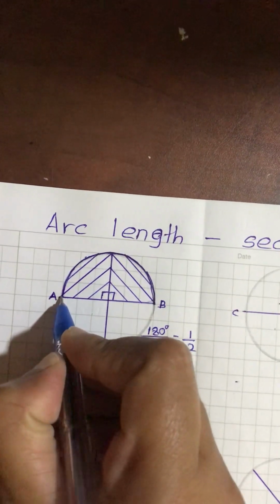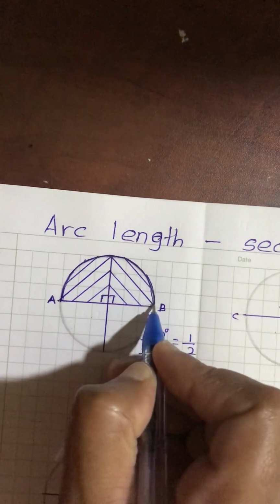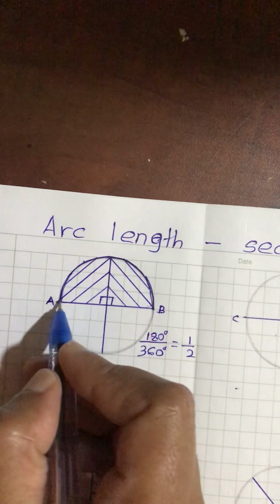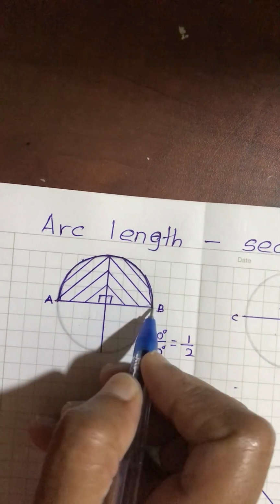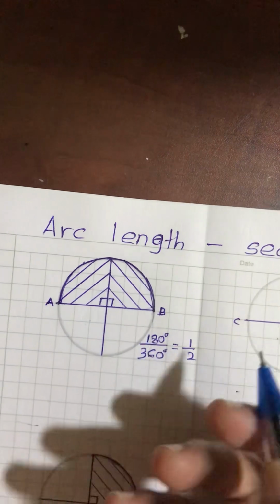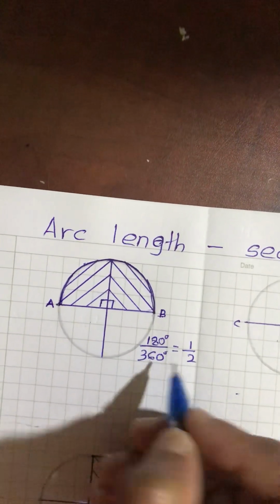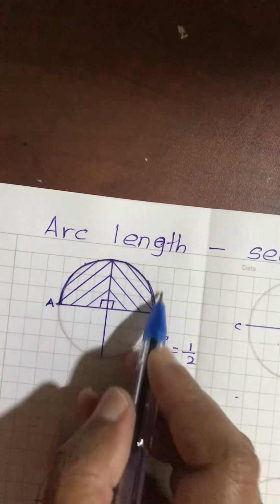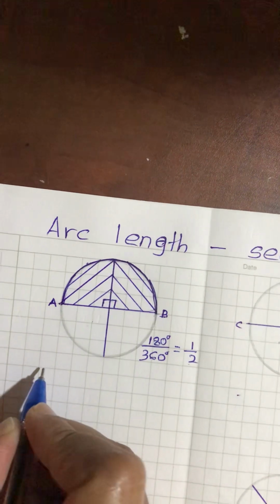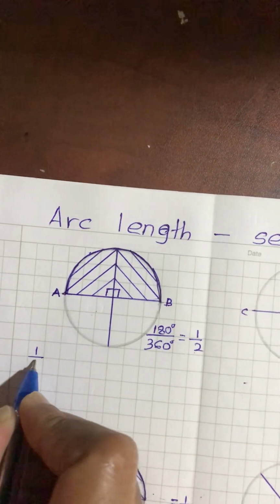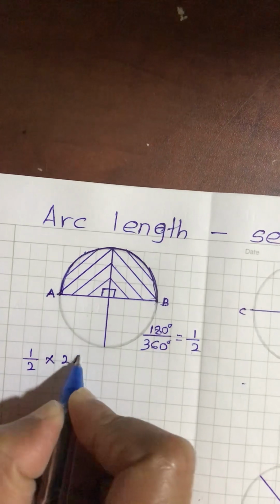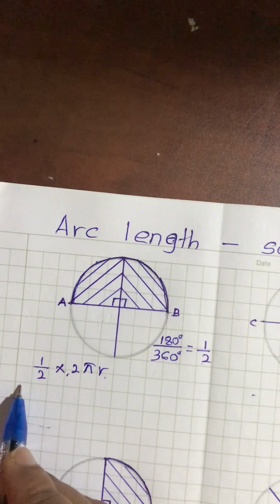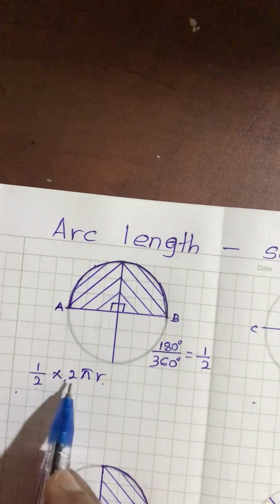You start your path from A and go along this path to find B. To find the length of the road from A to B, you need to take half of the perimeter, because this sector is a semicircle. So you multiply the perimeter of the circle by half, so half multiplied by 2πr.